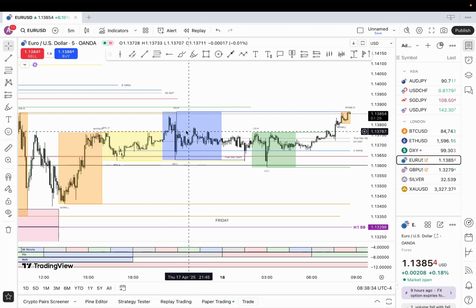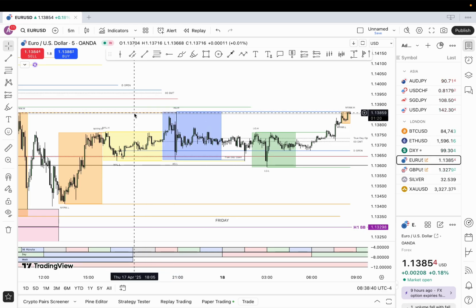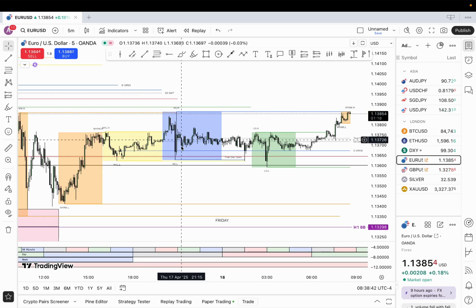But as you can see, in the Asia session what happened was, first I took the NY AM session liquidity over here, then it went down and tapped the closing price, but it was the Asia session, which is not a key time for trading, so I avoided all of this, and I was also sleeping at this time, so I cannot trade this.